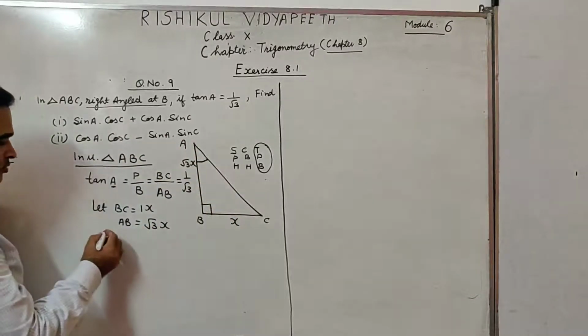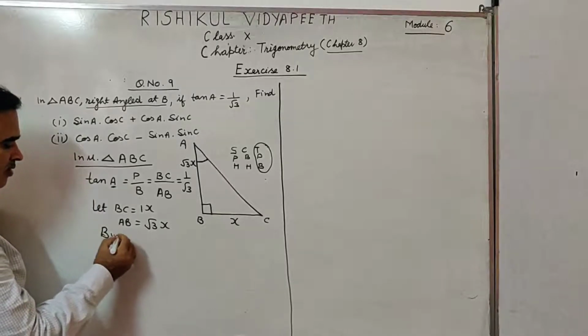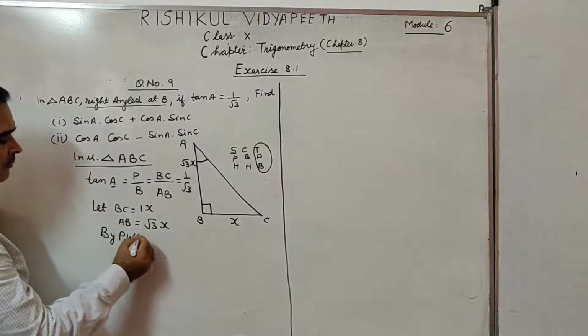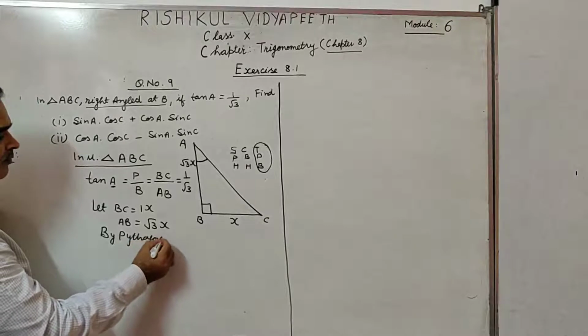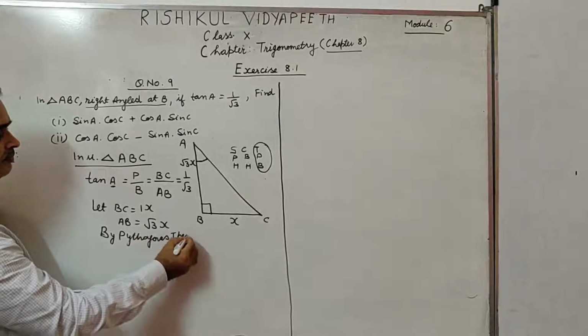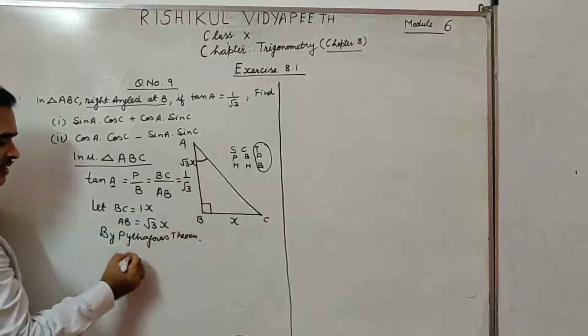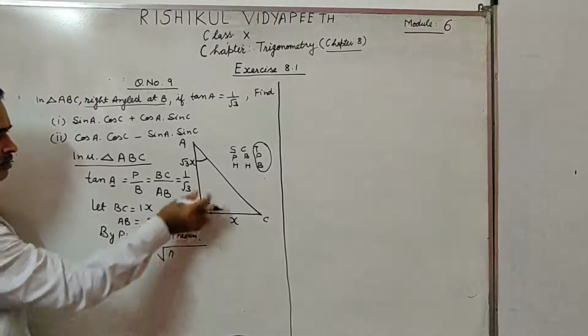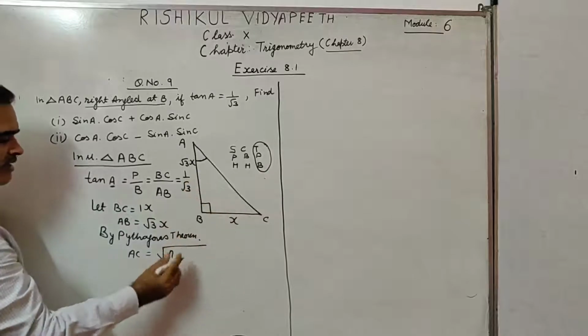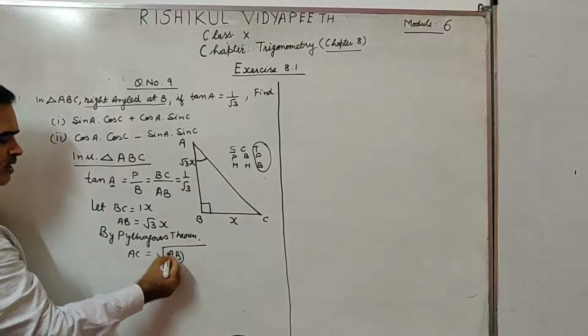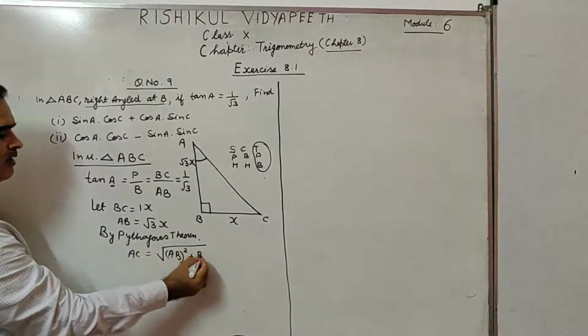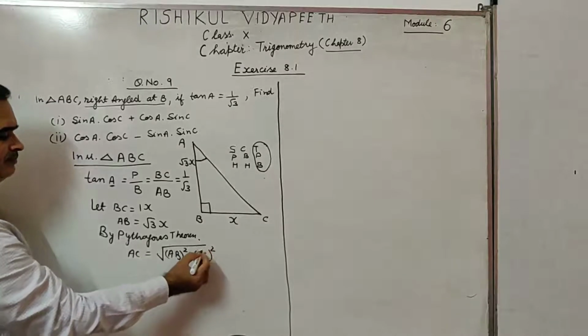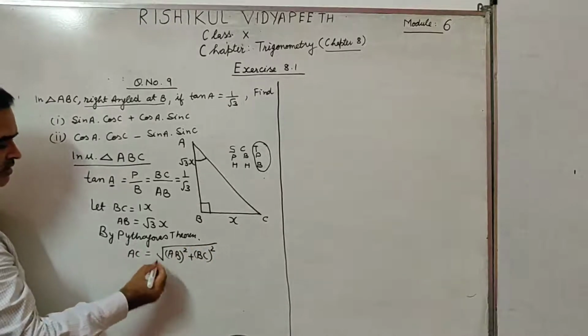AC by Pythagoras theorem, you are to find AC equal to, and you know AC is the longest side, so it will be plus sign, square root of AB square plus BC square. And what is this now?